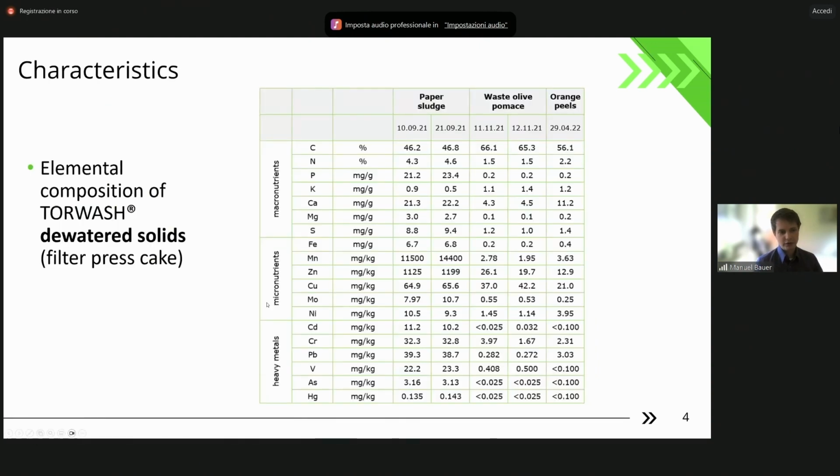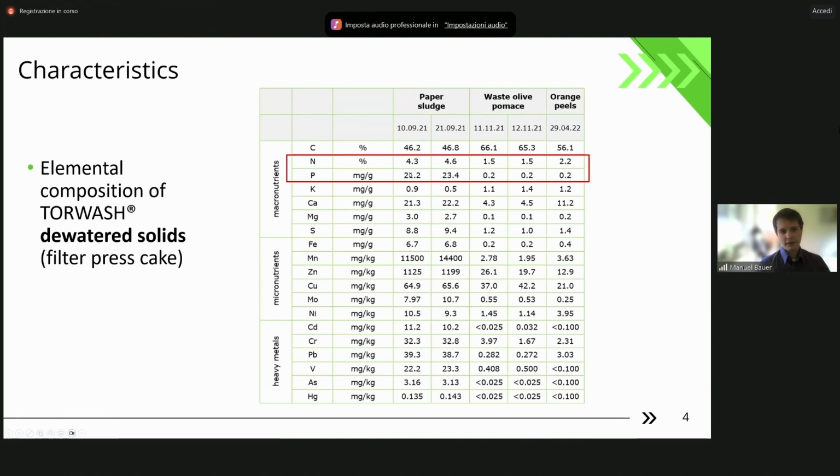Just very brief, some of the analysis, because I heard that you also asked about it. What we do have in the dewatered solid, so in the filter press cake, is a certain amount of nitrogen, of course of carbon, and of phosphorus, which was our main focus here and which is interesting for us.